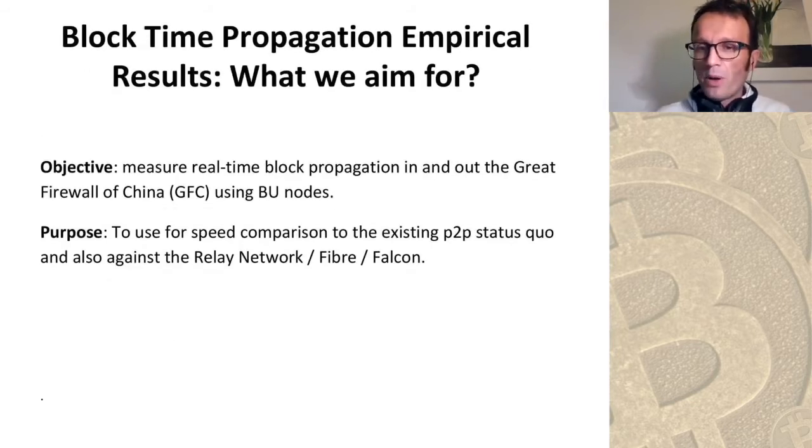Measuring the real-time block propagation in and out of the Great Firewall of China using nodes. The purpose of this collection is to have a measure of propagation time to compare to other existing P2P techniques to improve propagation time, like, for example, the relay network.